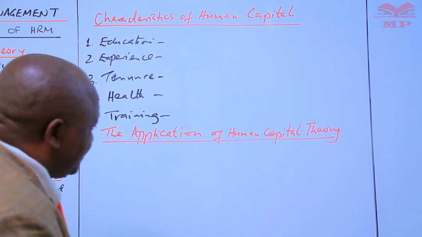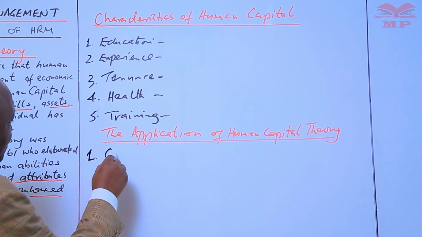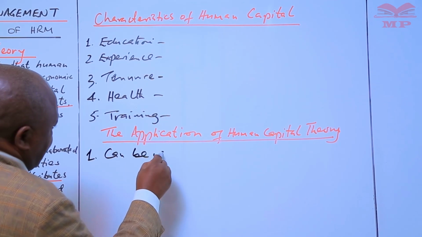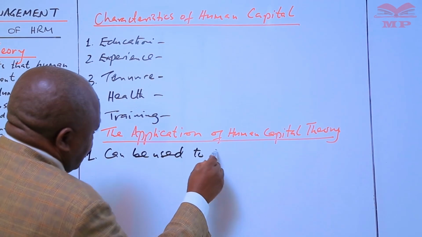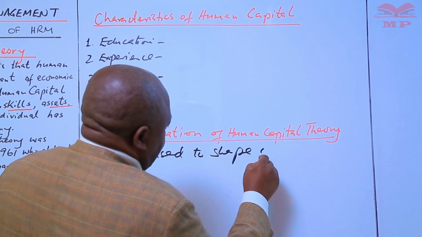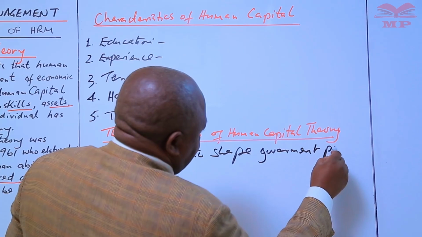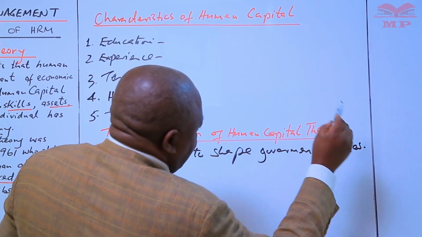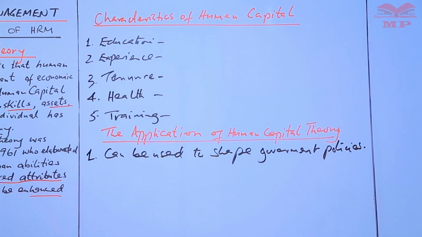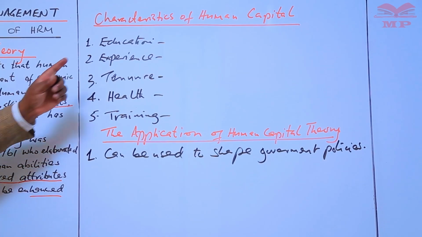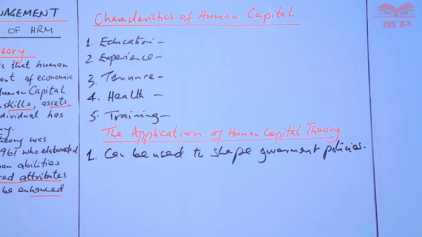So one of the areas can be used to shape government policies. If government policies are being formulated, let us take, for example, in the area of education, you are deciding that human capital is an asset.